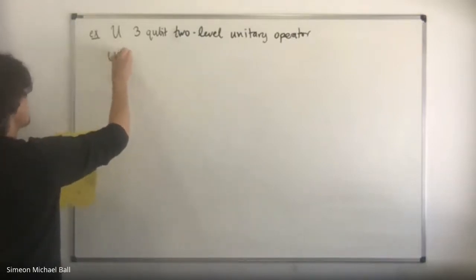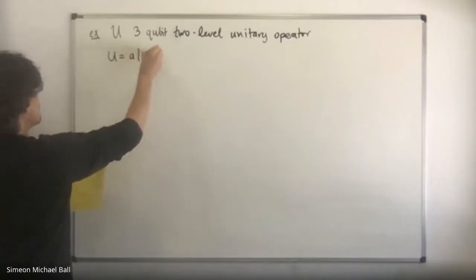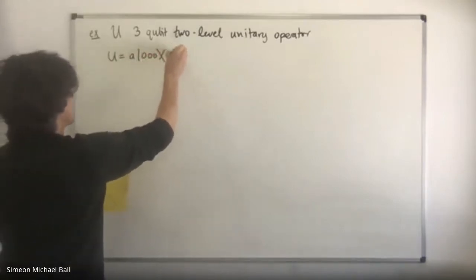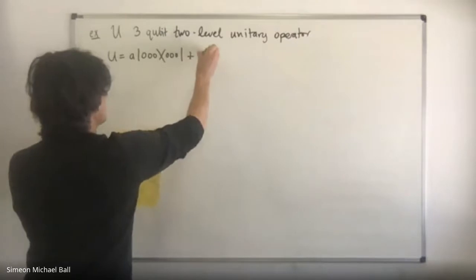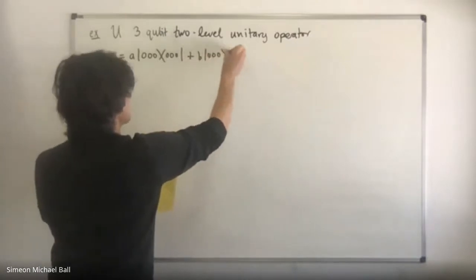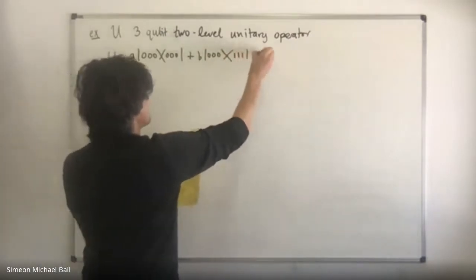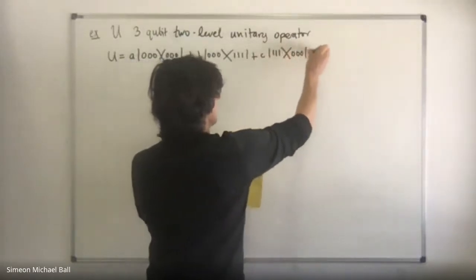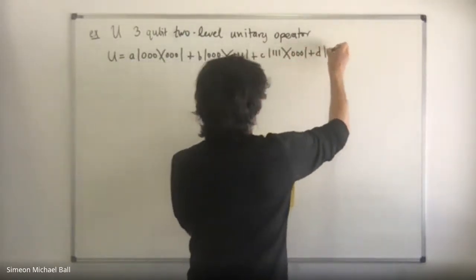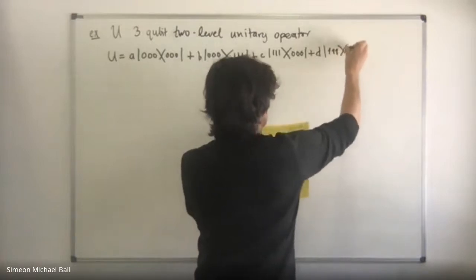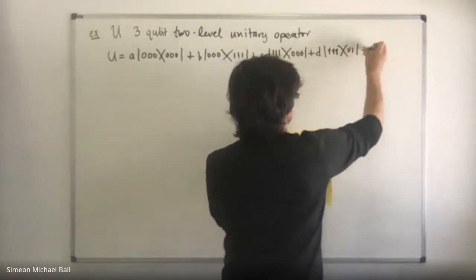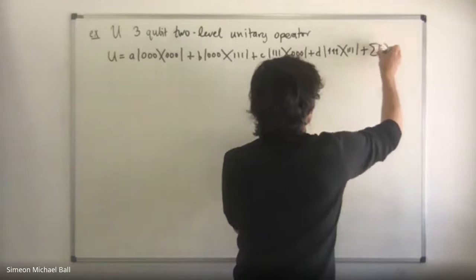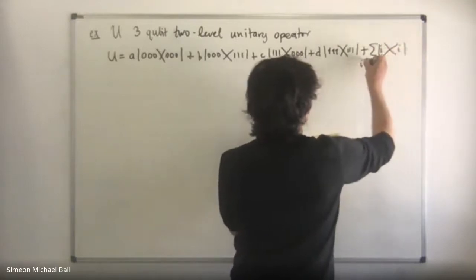So U is going to take the 0, 0, 0 to the 1, 1, 1. And on the rest of it, it's just the identity.